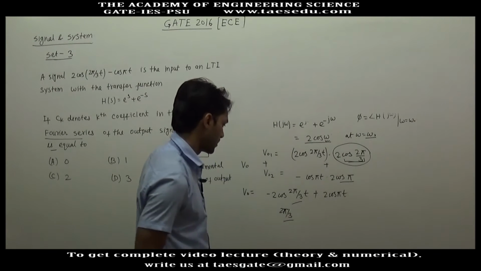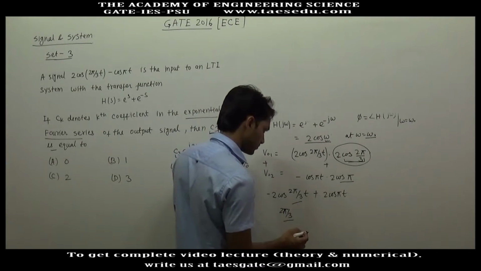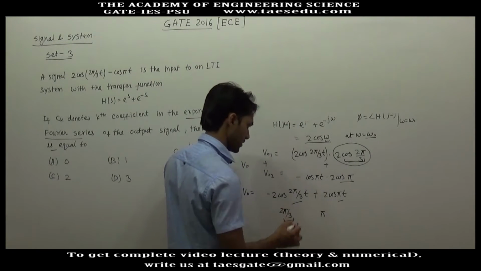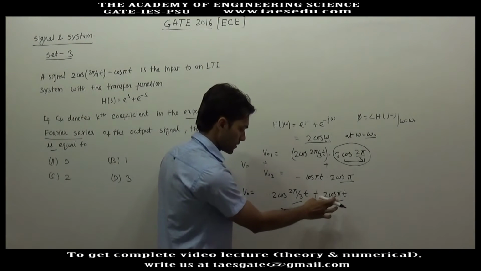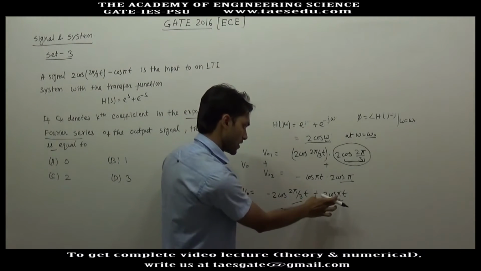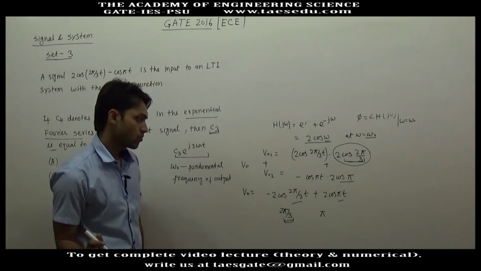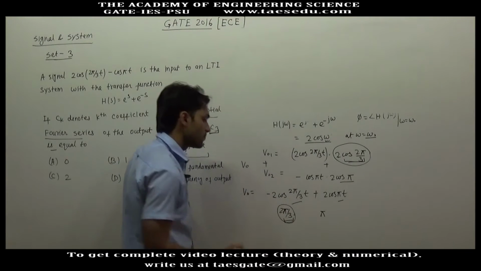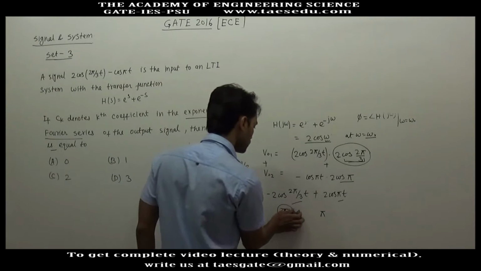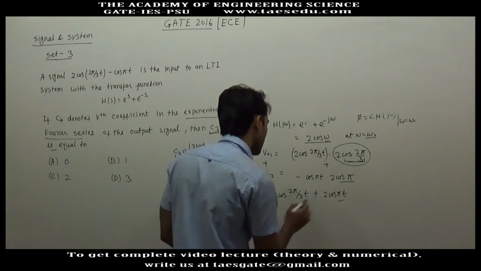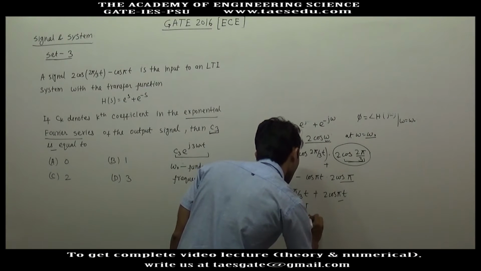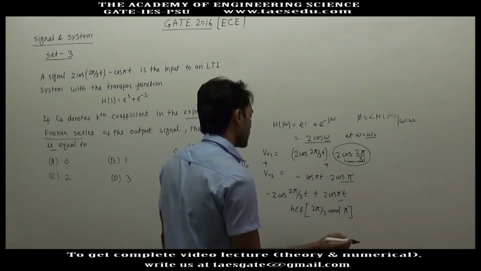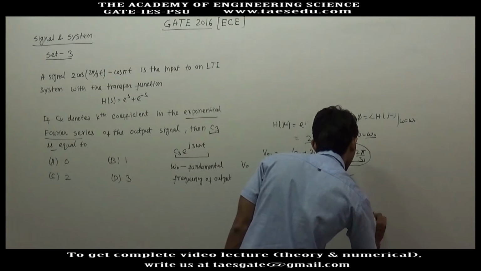If it is, then pi has to be an integral multiple of 2 pi by 3, and pi cannot be an integral multiple, so 2 pi by 3 cannot be the fundamental component. So to find the fundamental component, we will take the HCF of all the frequencies 2 pi by 3 and pi, and the HCF will be pi by 3.